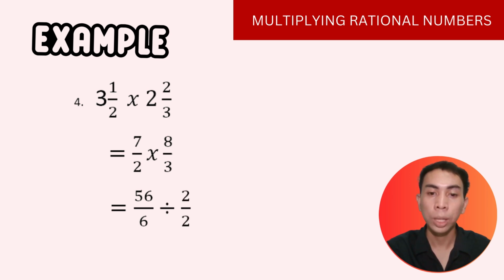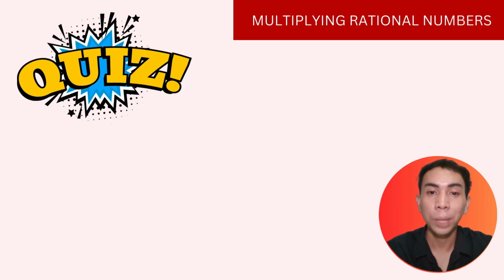So we divide both the numerator and the denominator by 2, which will yield 56 divided by 2 is 28, and 6 divided by 2 is equal to 3. 28 over 3 is our final answer. Now it's time for you to practice. You can pause the video to answer.